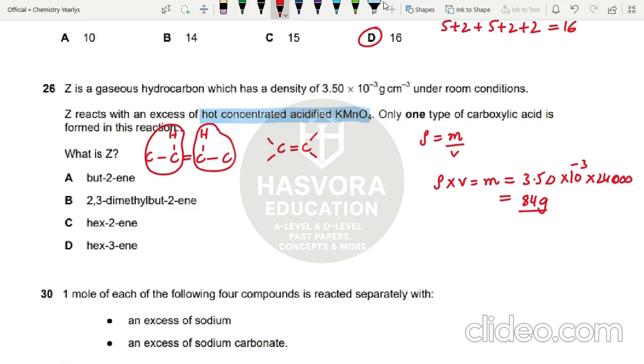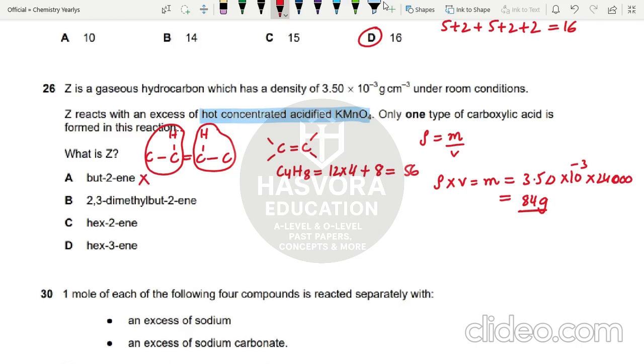You can see CH and CH3, CH and CH3 on either side. Now we will check its mass. It is C4H8 because it is an alkene, so 12 × 4 plus 8 is 56. So this is not the correct answer because it does not match the mass that we found. So A will be eliminated.